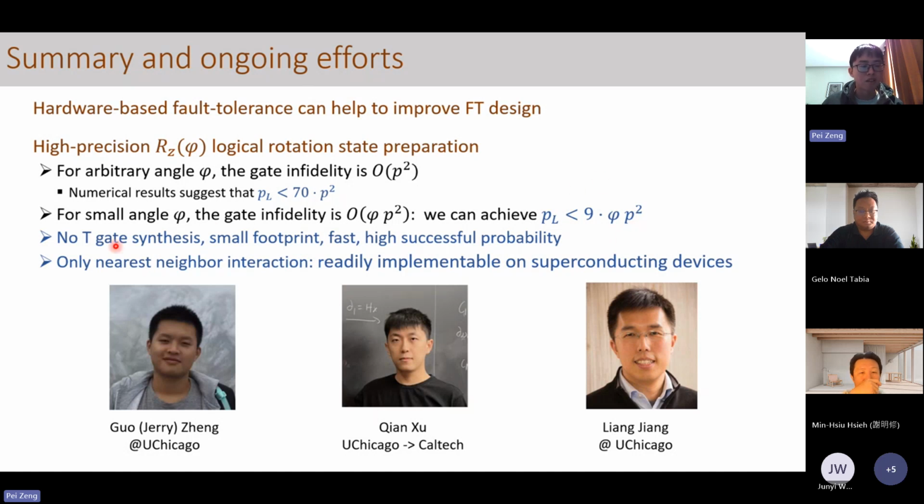Our method is without any T-gate synthesis, with a very small footprint and very fast, and we only require nearest neighbor interaction, which is readily implementable on any superconducting devices. And this is my talk today.